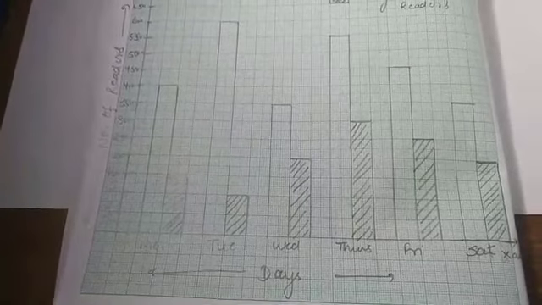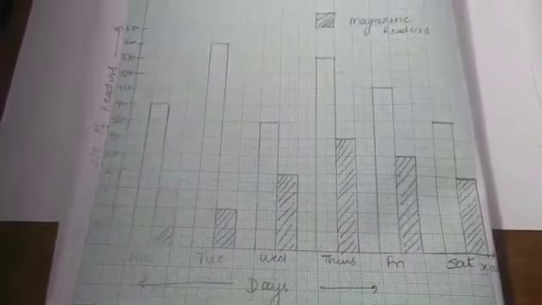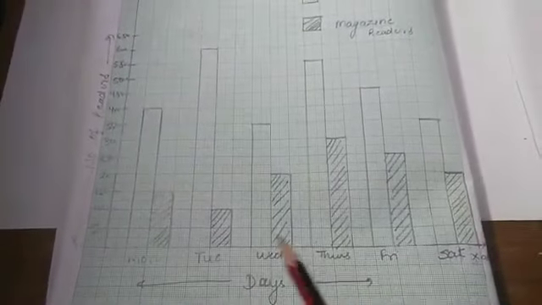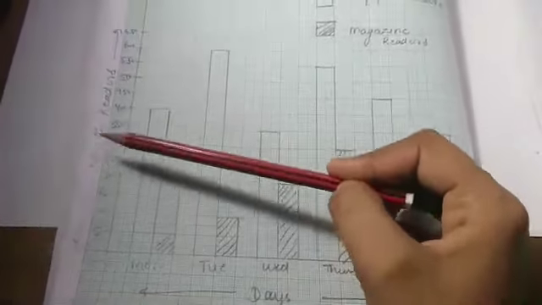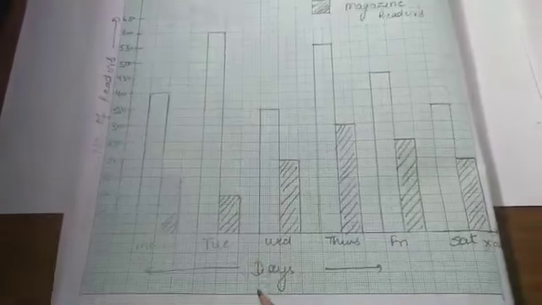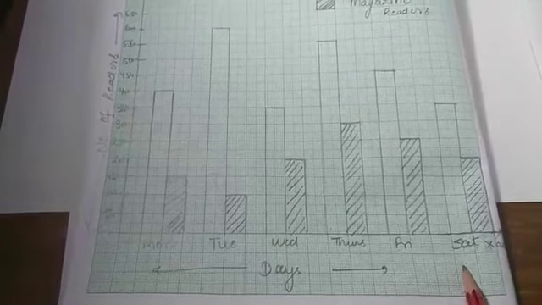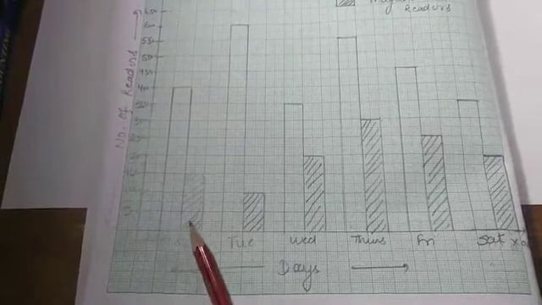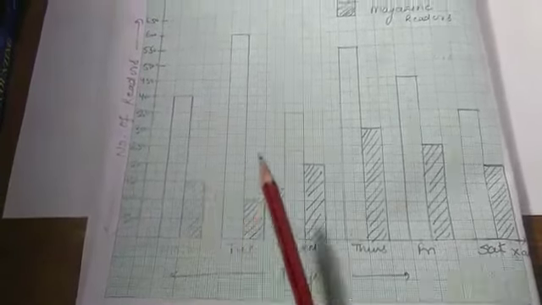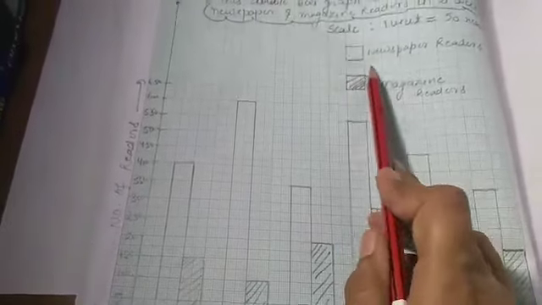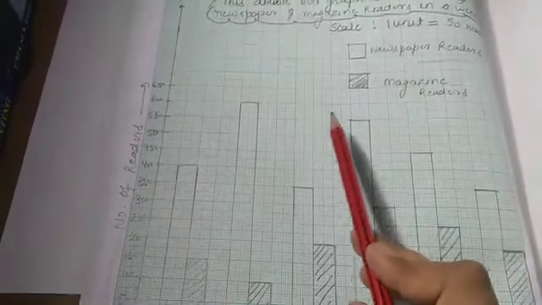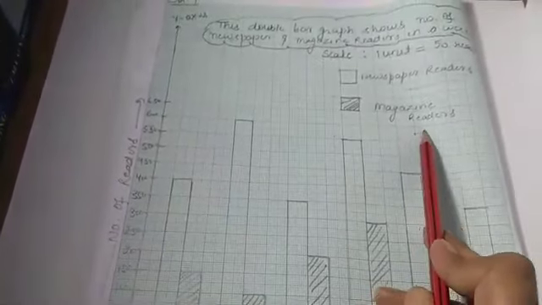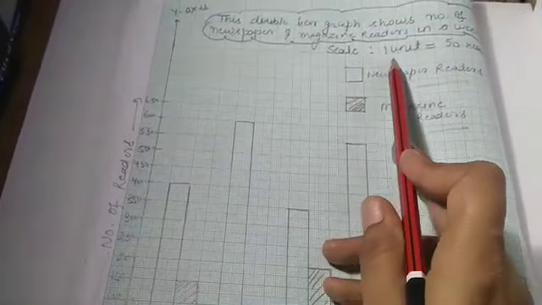So the graph will be like this. Here this is the x-axis and this is the y-axis. Here it will be the number of readers and here I am representing days. We have to compare the data of each day. The unshaded bar will represent the newspaper readers and the shaded one will represent the magazine readers. I have to write the scale also.